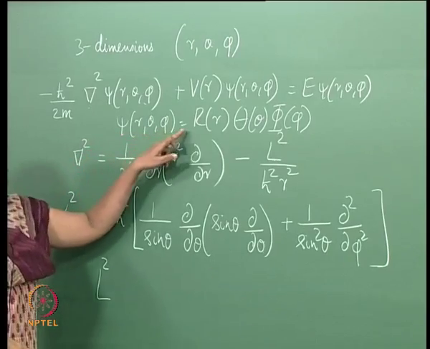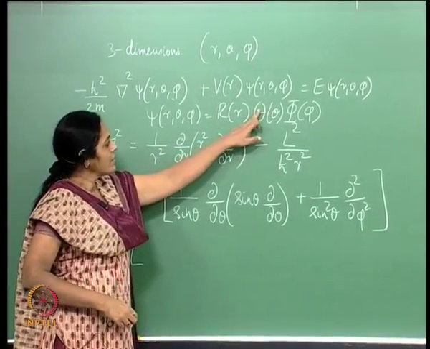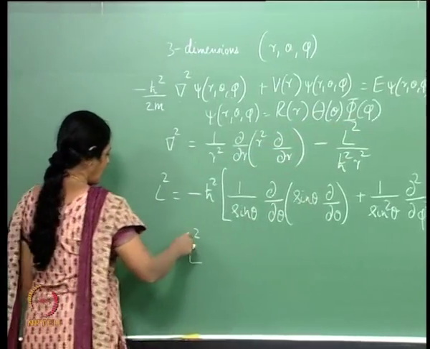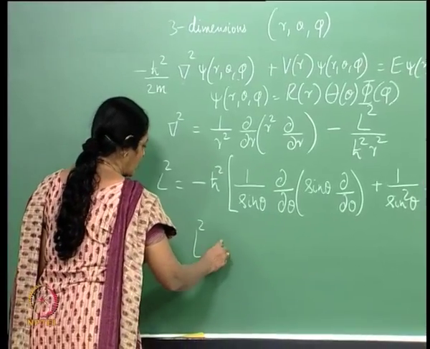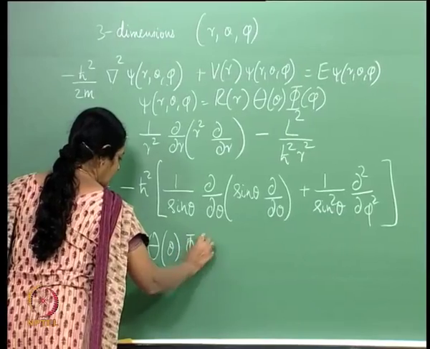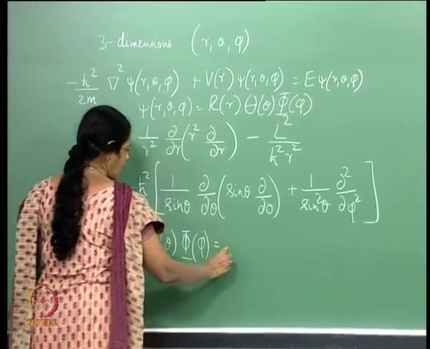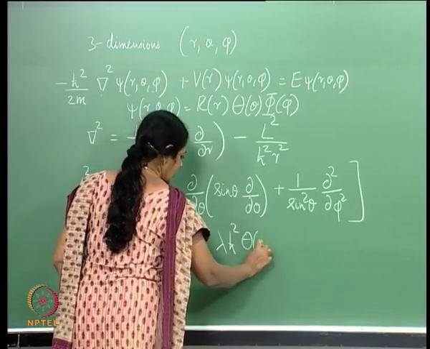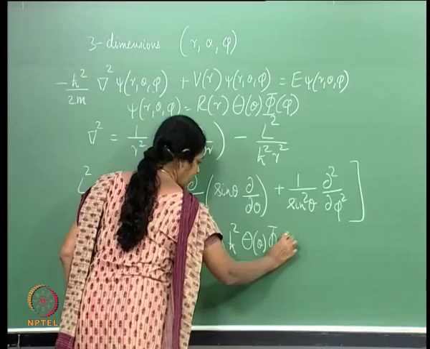So, we wrote psi of r theta phi as R of r, some function Theta of theta, some other function Phi of phi, and therefore, the L squared equation would simply be L squared acting on Theta of theta Phi of phi is lambda h cross squared Theta of theta Phi of phi.